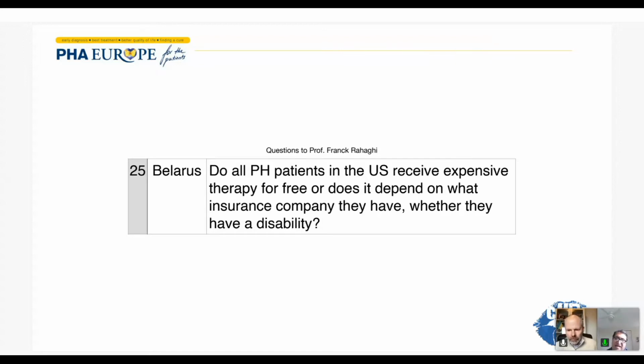But since nobody can pay the 20%, there are charitable organizations that basically help you pay for that 20%. But I've had patients that had to come off drug because they couldn't find a charity to pay for it. These charities, incidentally, are also supported by pharma companies. So it's a complicated arrangement.